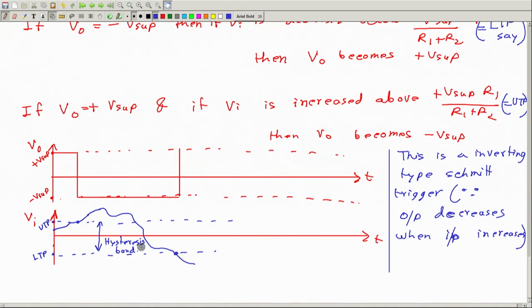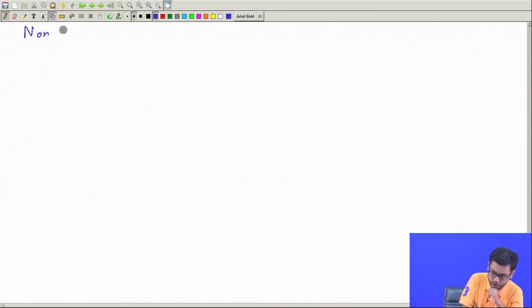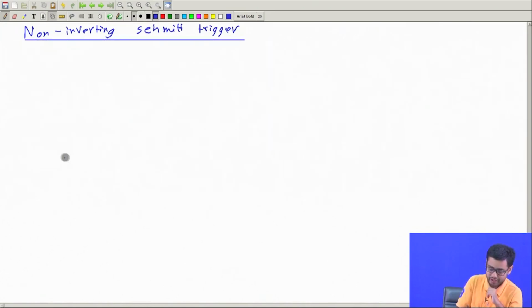Okay. So now let us quickly see another type of Schmitt trigger, which is non-inverting type. Okay. So now non-inverting Schmitt trigger. And to make the circuit, what we have to do?